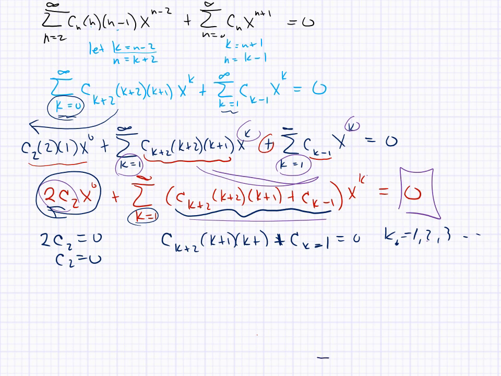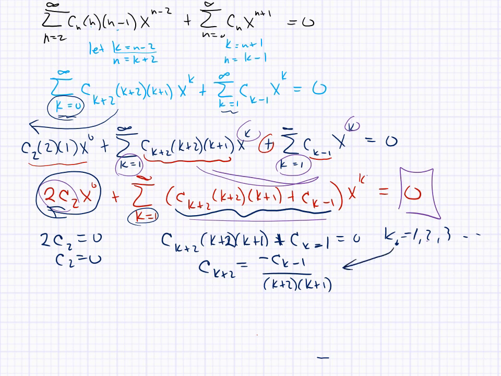So we'll rewrite this for c sub k plus 2, because that's the bigger one. That would equal negative c sub k minus 1 over, what did I have here? I screwed this up. This is 2, this is 1. This would be k plus 2. This would be k plus 1.